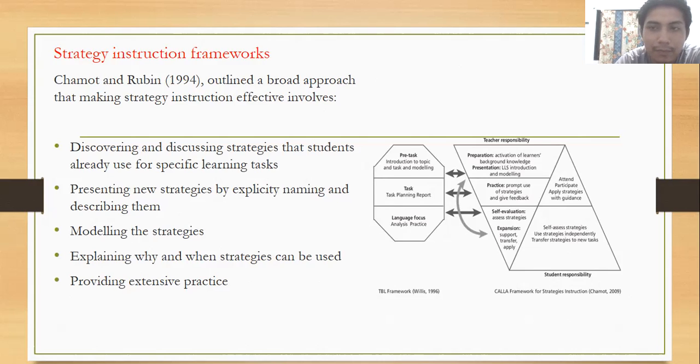They settled this framework that is on the left, as you can see.